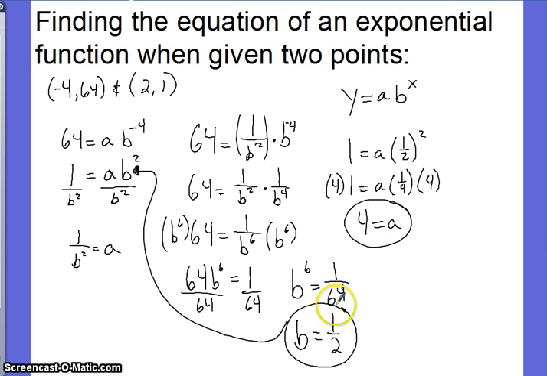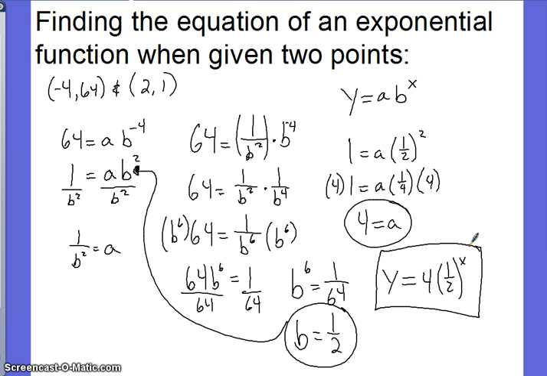So now that I know what a and b are, I can plug them into my general equation, and I get y equals 4 times 1/2 to the x. And that is the equation for the decreasing exponential that goes through these 2 points, -4, 64, and 2, 1.